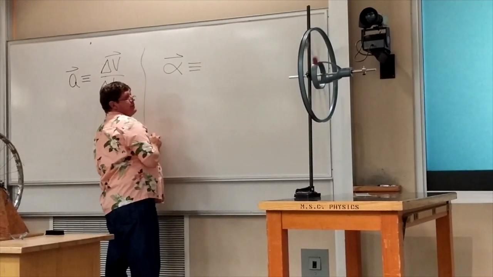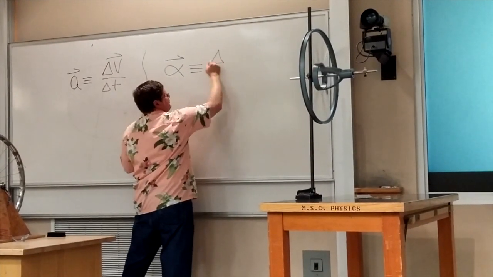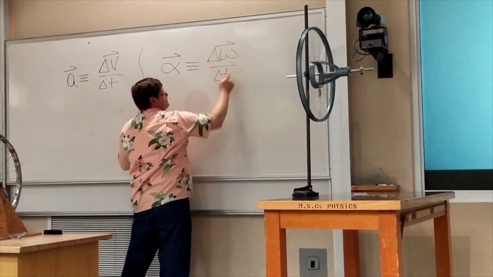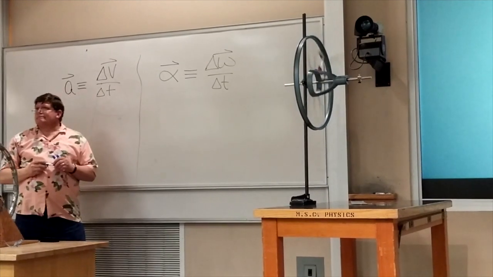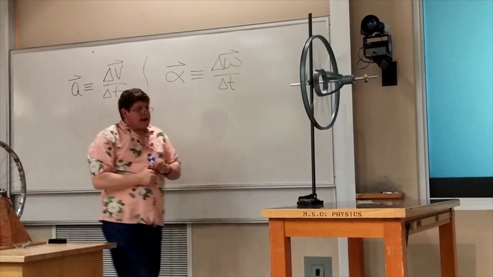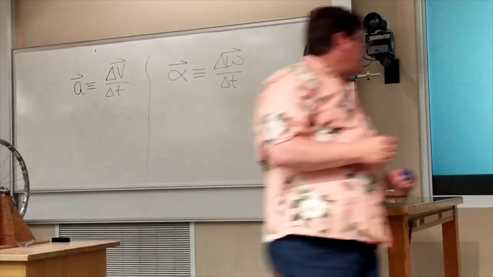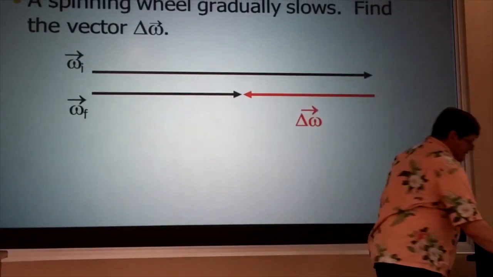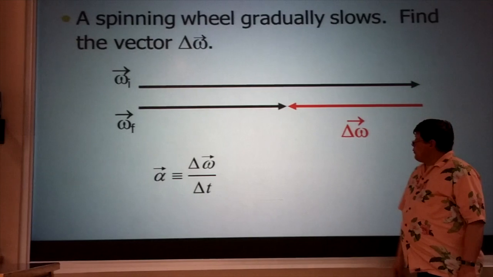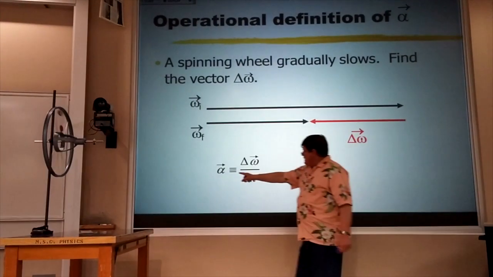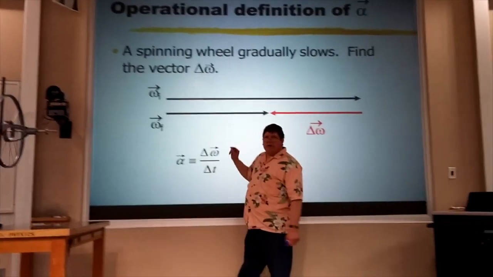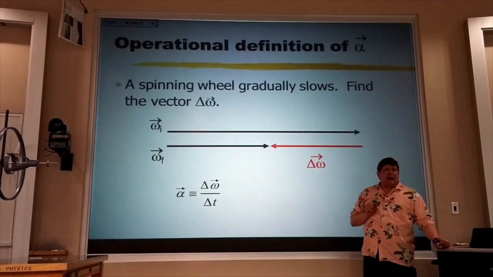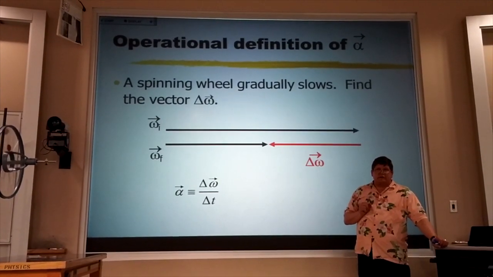And that's just going to be how much the omega vector changes each second. Okay? Now, if we use that definition, we see that alpha always, every stinking time, has to point in the same direction as the change in omega vector.